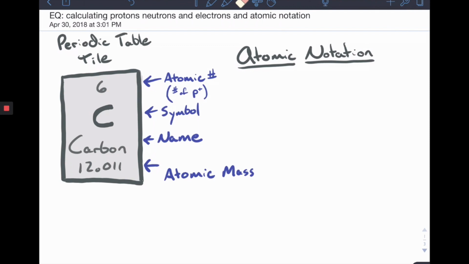What they list on the periodic table is simply an average of all those numbers. So this says on average a carbon atom would have a mass of 12.011. However, you'll never actually find any carbon atom that has exactly that mass. You'll have some that are 12 and some that are 13, but you never find one that is exactly 12.01, because it's just not possible.